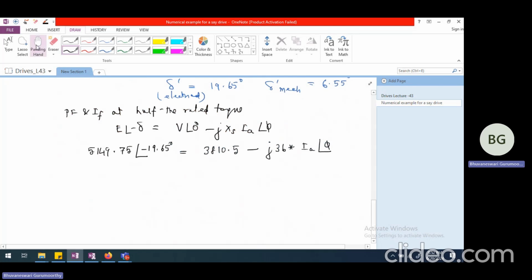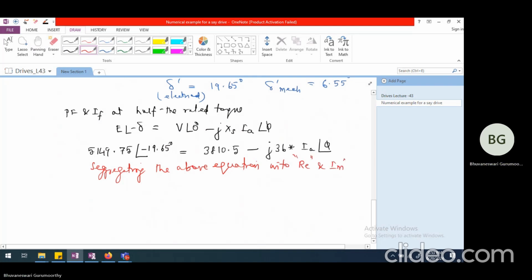So we can actually segregate the above equation into real and imaginary parts. So we have to segregate them into real and imaginary parts. And this actually gives us the value.